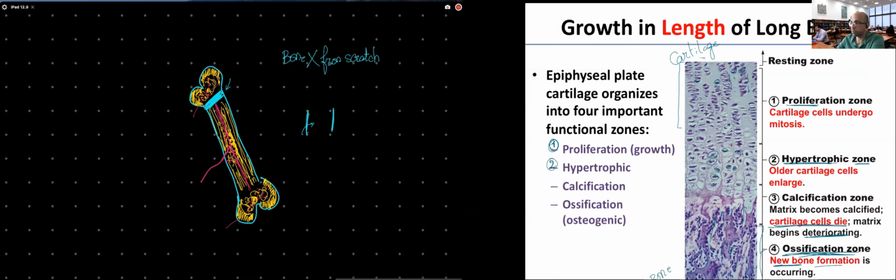This is called my hypertrophic zone. The third zone is where I'm adding calcium to deteriorate and destroy the cartilage. This is my calcification zone. And finally, I will be modifying this cartilage into the final shape of the bone. This is my ossification zone or my osteogenic zone.